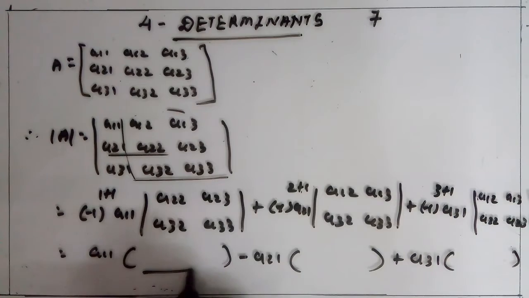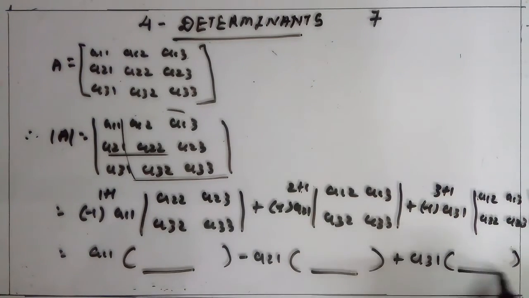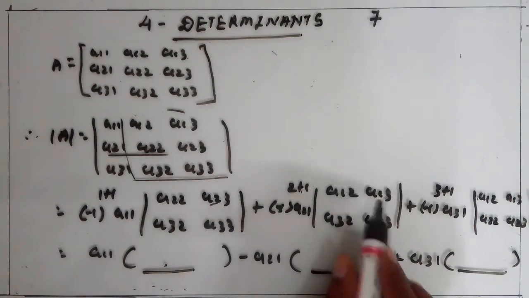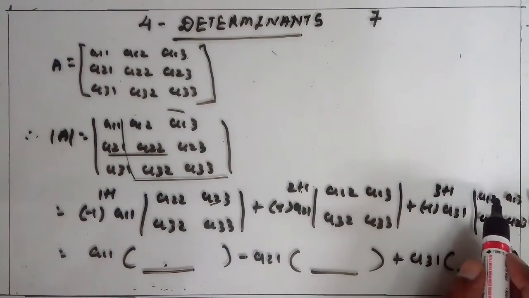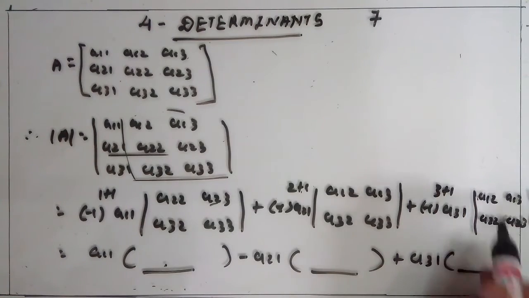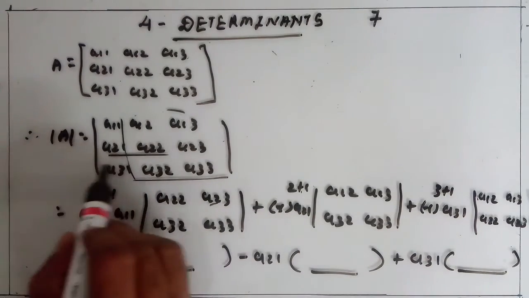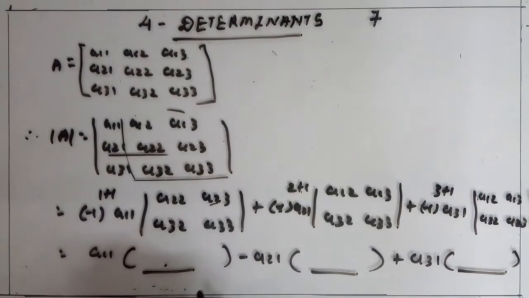Clear? You know how to get the value of this second order determinant. Product of these two minus product of these two, same for the next, and for the last, product of these two minus product of these two. Clear? So using any column or any row we get the value of this third order determinant.